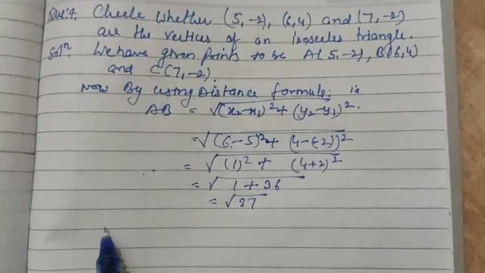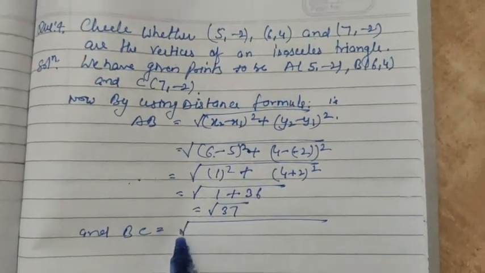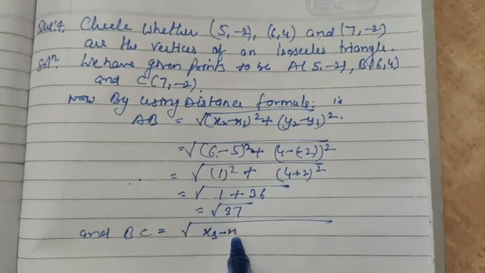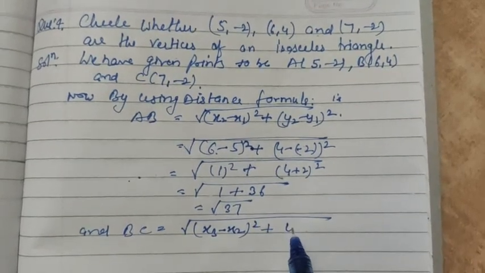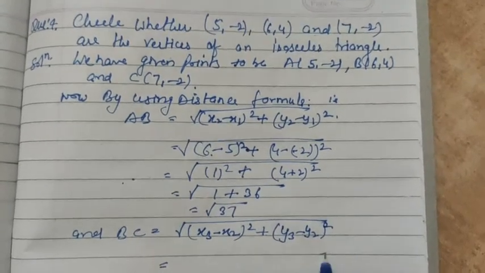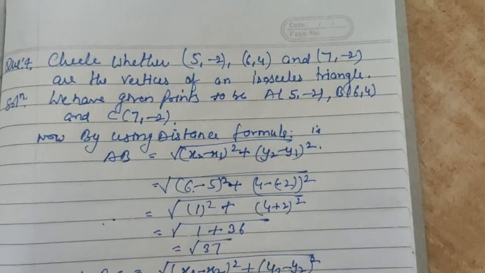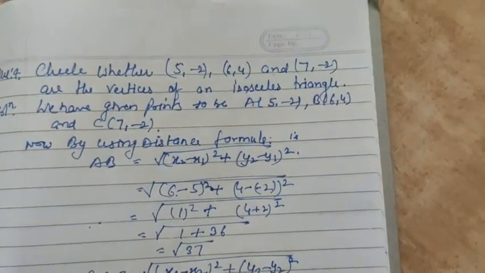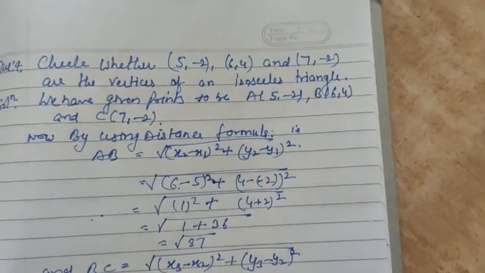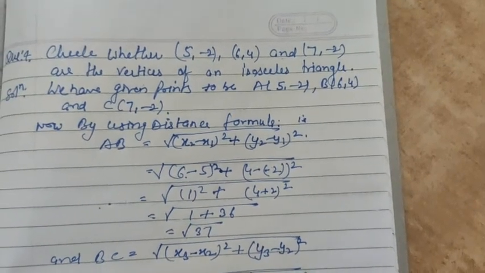So now BC will be equal to x3 minus x2 square plus y3 minus y2 square. Now x3 is 7, so 7 minus 6 square plus y3, that is minus 2, minus y2 that is 4, square.